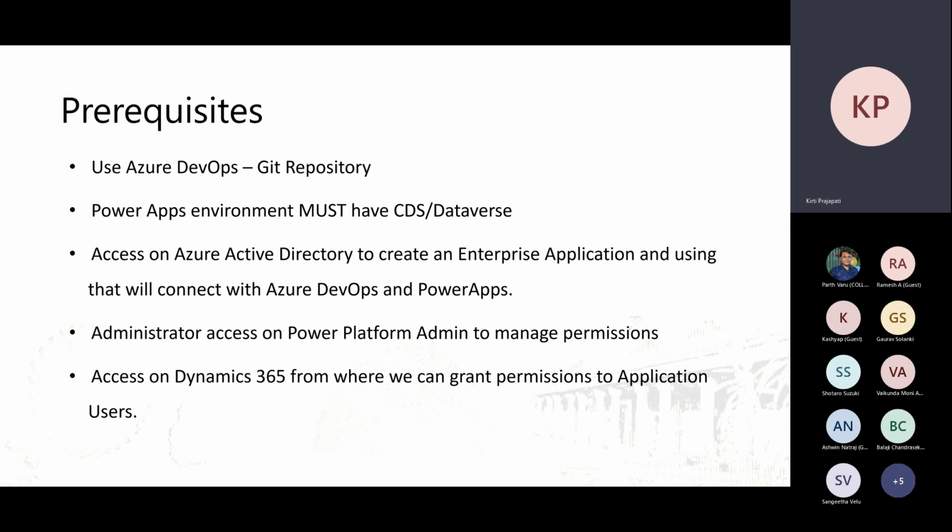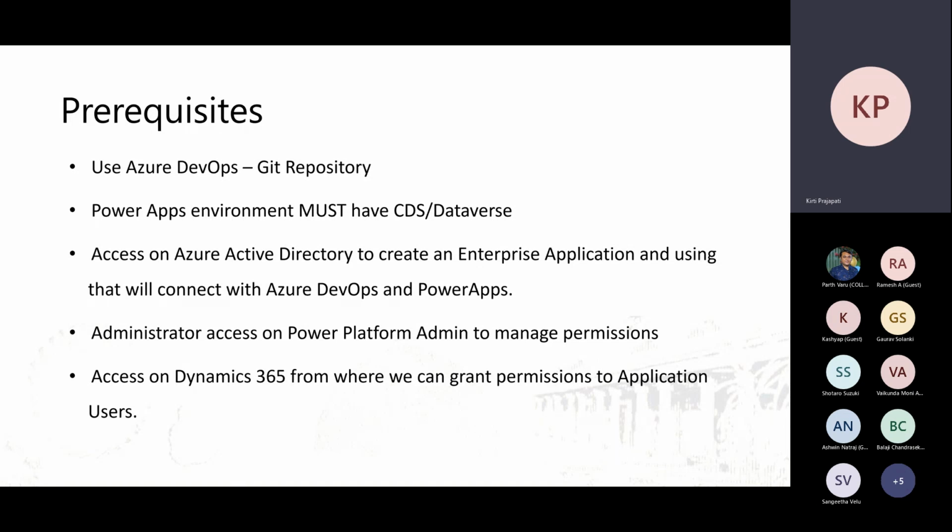And then you should have Azure Active Directory access where we will create the enterprise application, and that will help us create a bridge between your Power Apps solution and Azure DevOps. So those accesses are required.